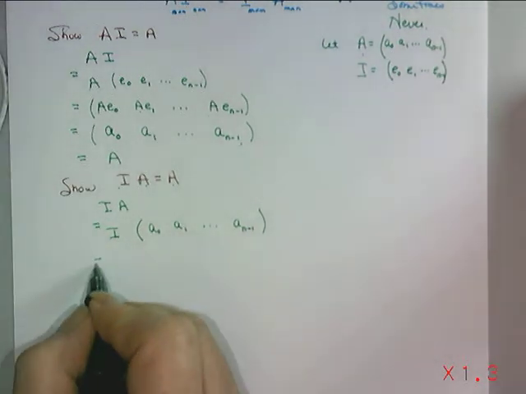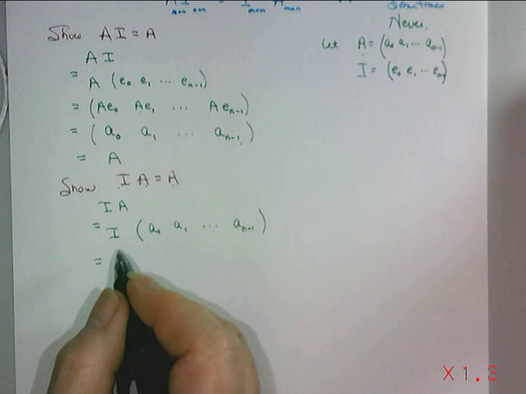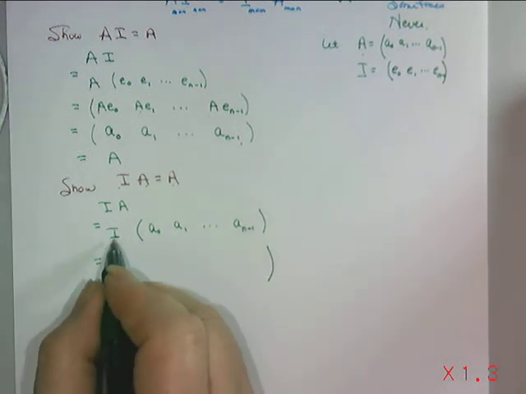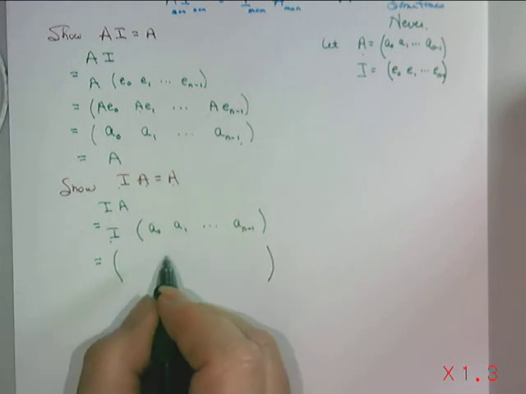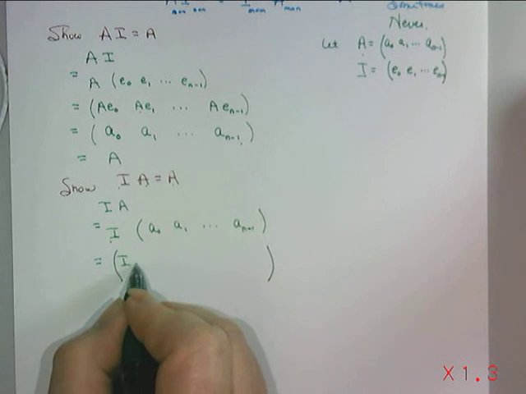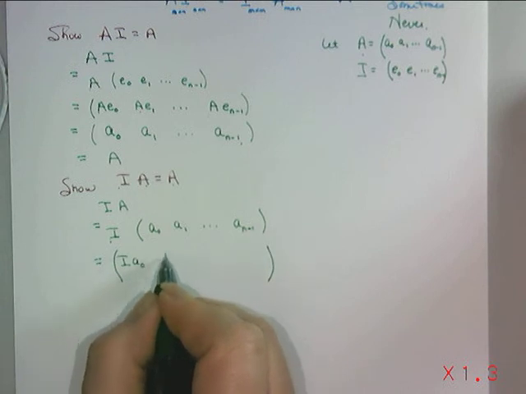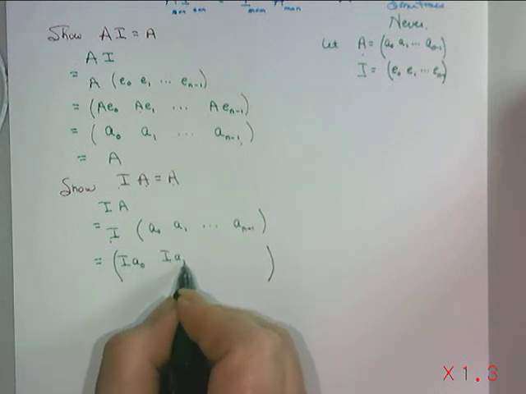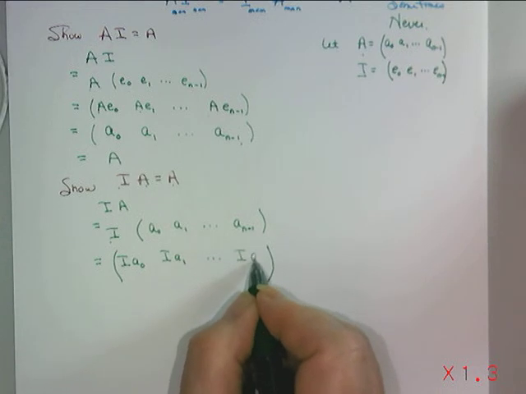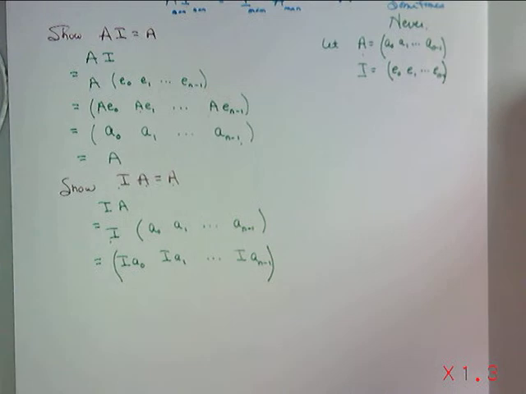Okay, the result is, well, that's a matrix with columns that are found by taking the identity times each of the columns of A. So the first column is going to be the identity times A sub 0. The second will be the identity times A sub 1, and so forth. The last will be the identity times A sub n minus 1.